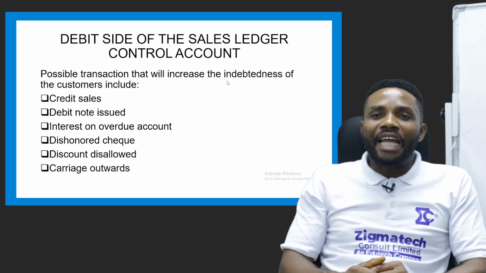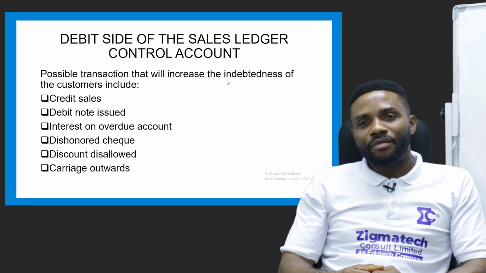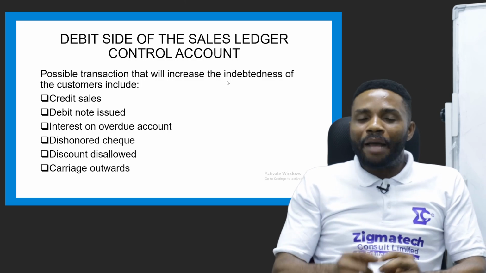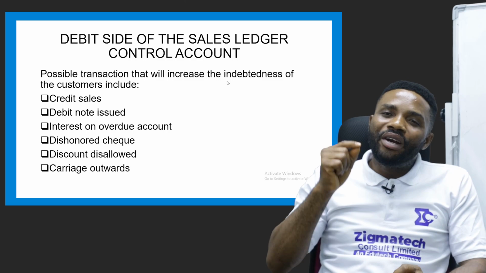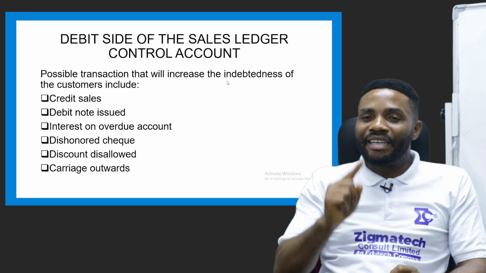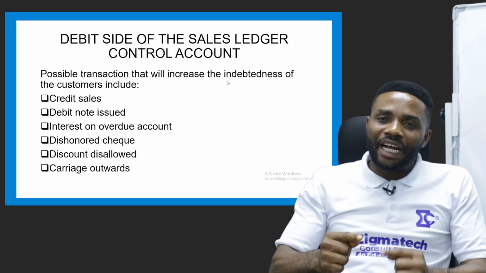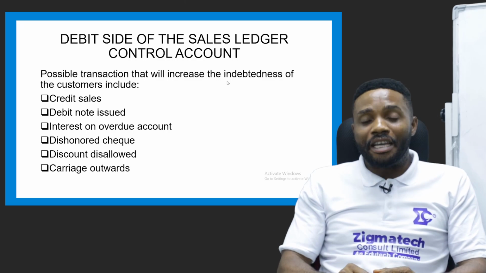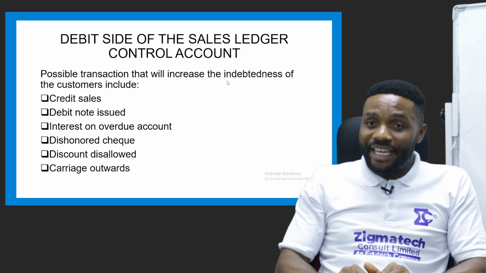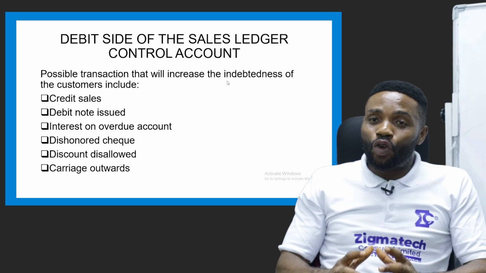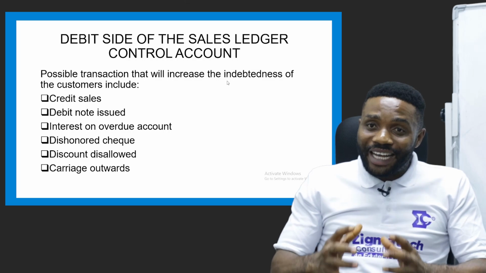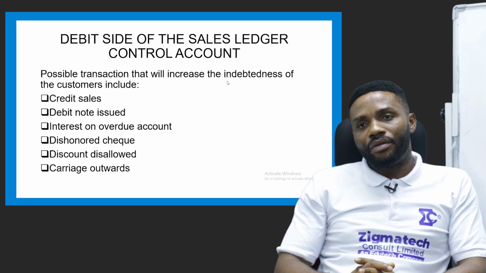Number two, debit note issued. What is a debit note? A debit note is always issued for undercharge. A debit note is a note that is issued for undercharge. Imagine Peterson actually came and what he took was 10 cartons of Indomie, and what we charged him was 8 cartons.